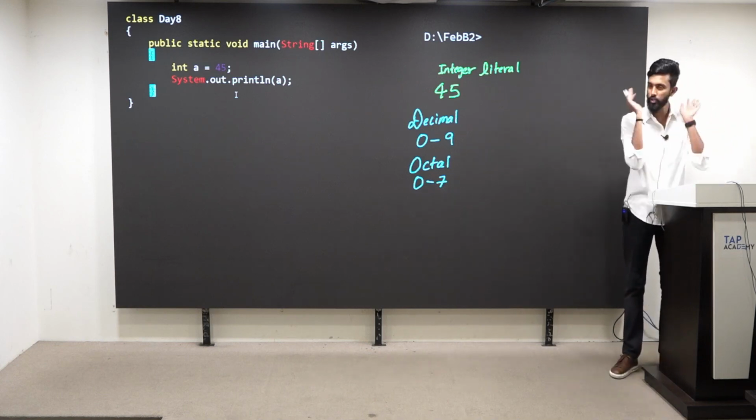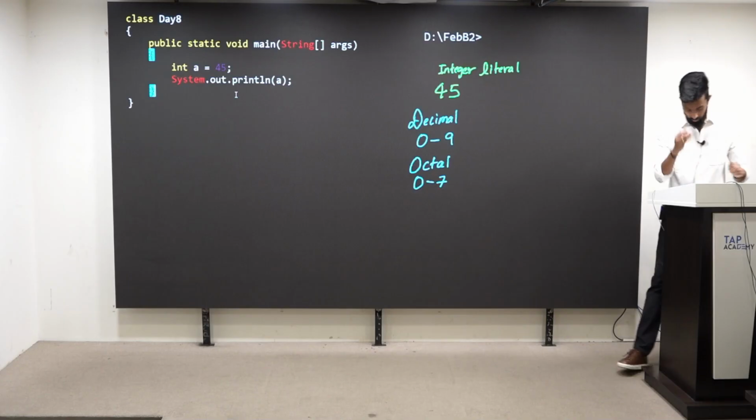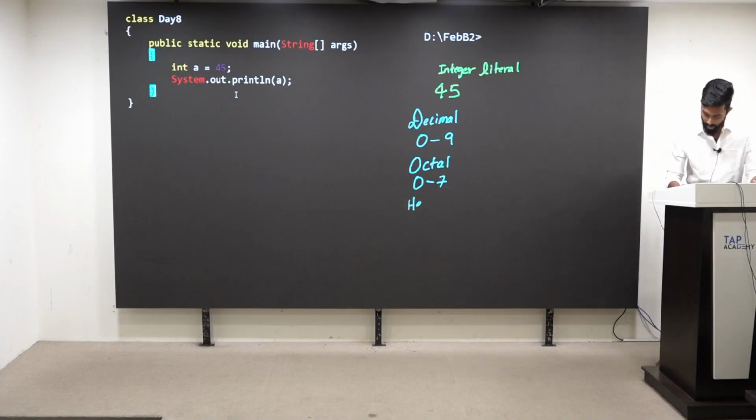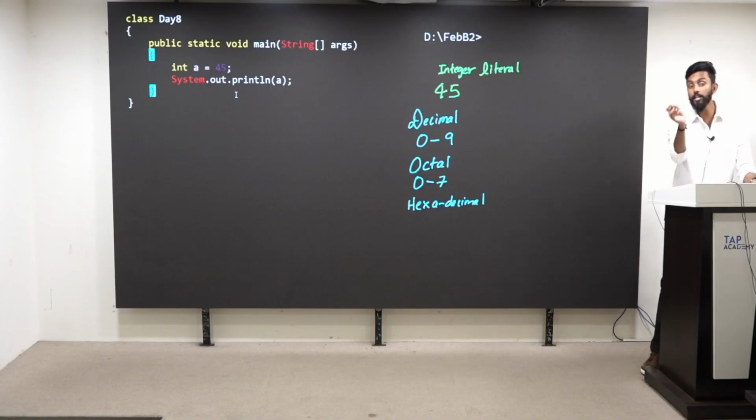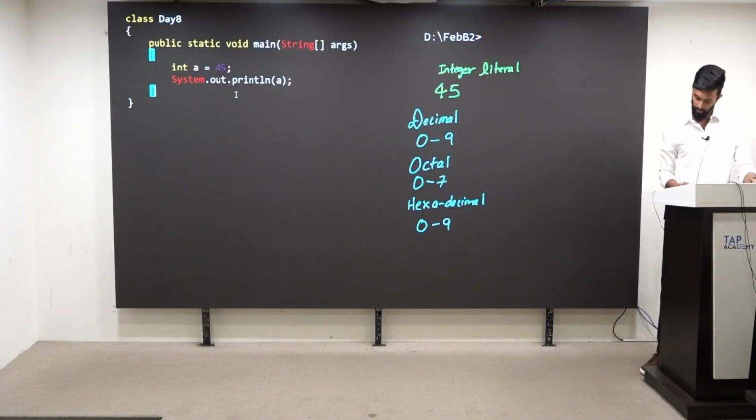Everything should be between 0 to 7. Am I clear? There is one more called the hexadecimal number system, where you have 16 digits, basically 0 to 9, just like decimal. Then you have A, which is 11, B, C, D, E and F.